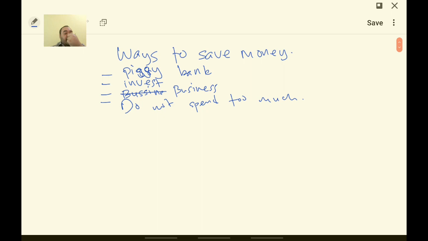So when talking about necessary things, what is included are food, maybe accommodation, and now we are living in the era of technology. Maybe we need to buy some gadgets for our studies. So we have to be wise in choosing the technology that we want to buy. I mean, the gadgets that we want to buy.